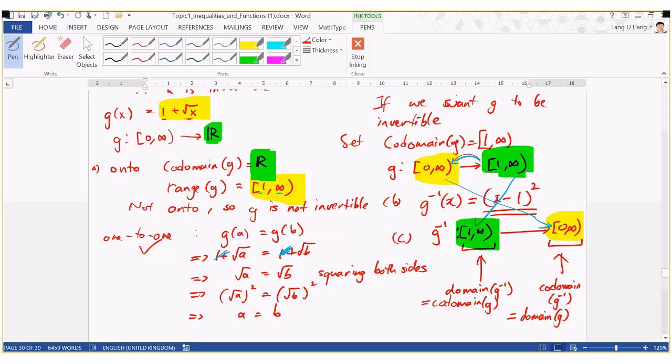True. The question, of course, will tell you what the codomain is. To define a function properly, you have to tell the codomain.